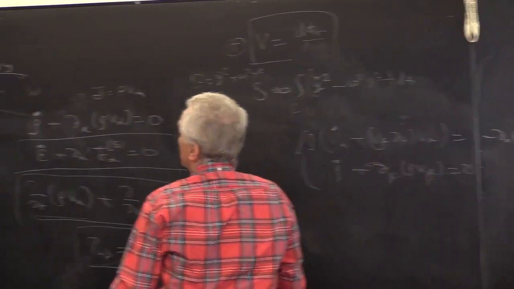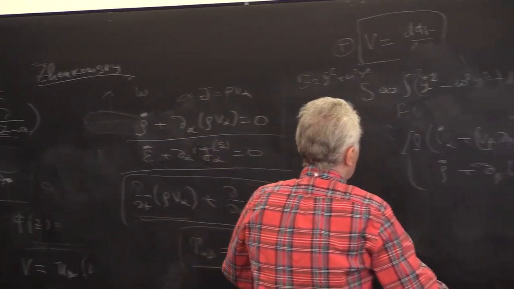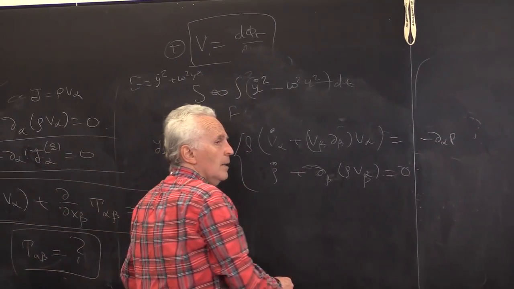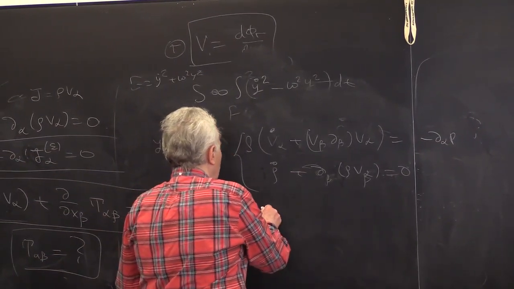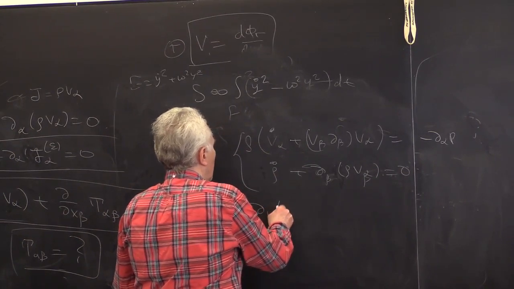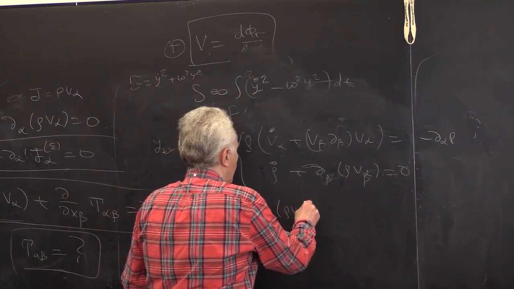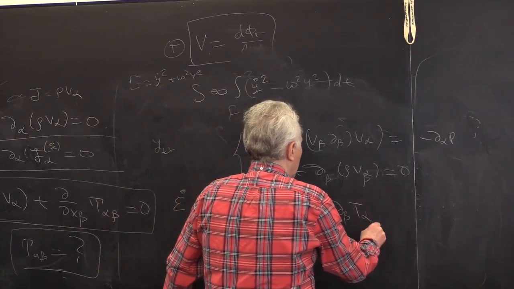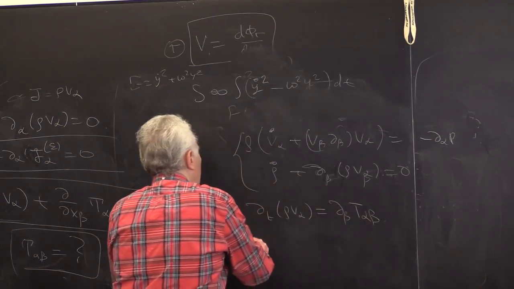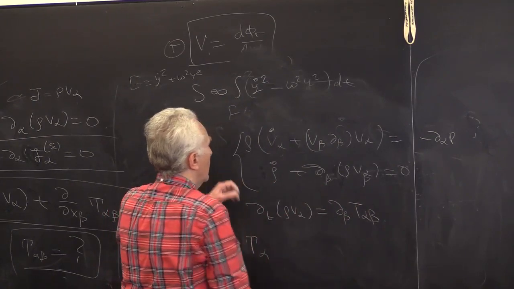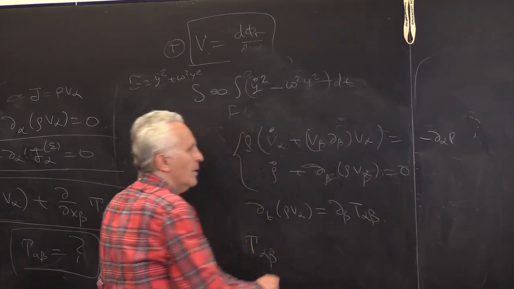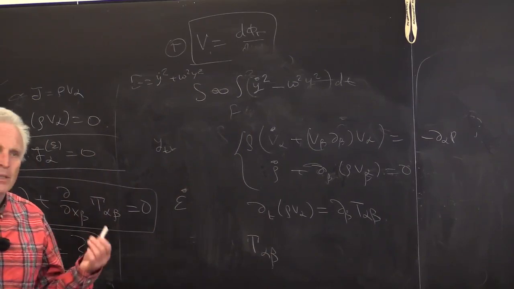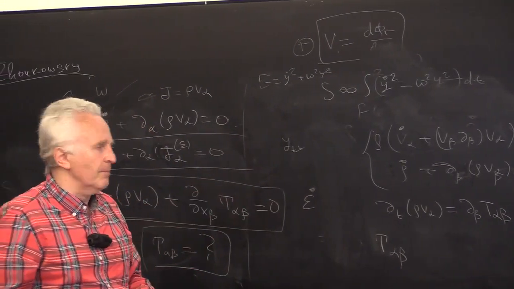Again, I think I will not do the algebra. I will leave the algebra to you. And what we will get is the time derivative of rho v alpha is equal to d beta T alpha beta, where T alpha beta, actually you can figure out what kind of structures could appear there.